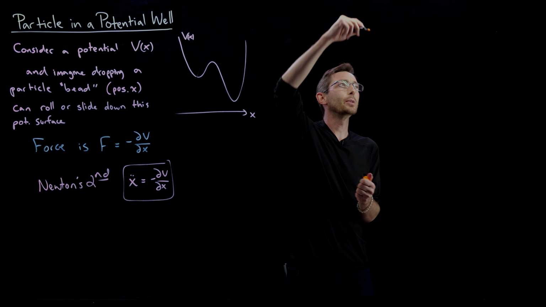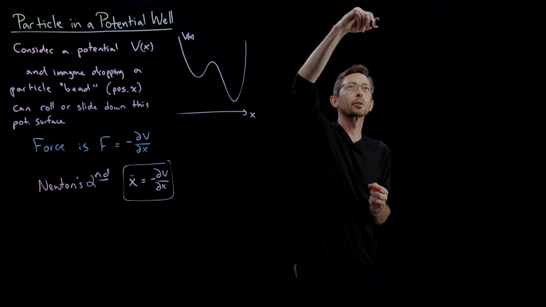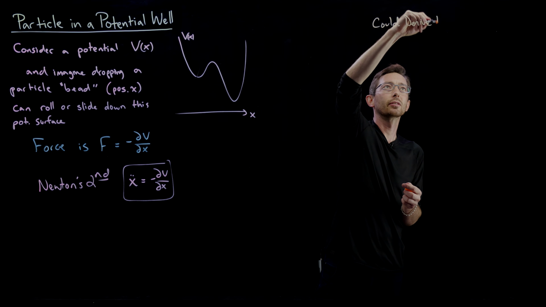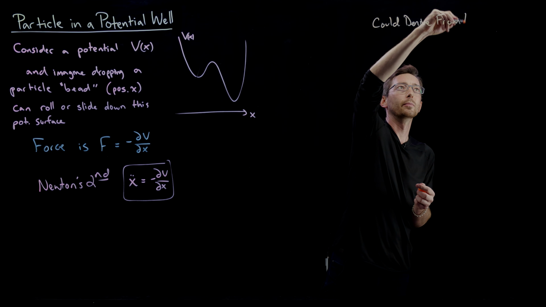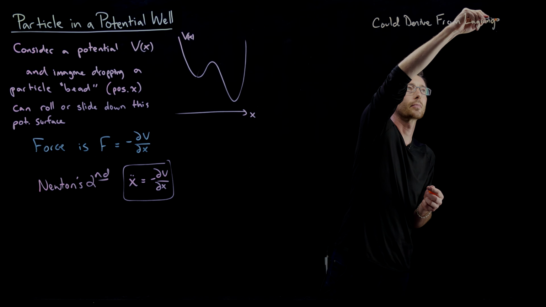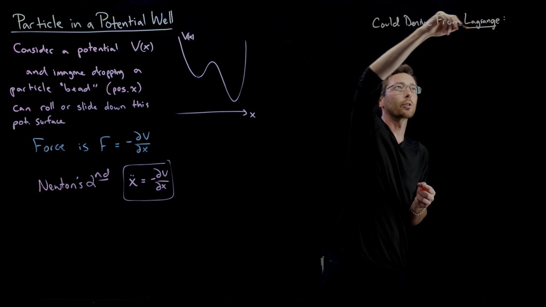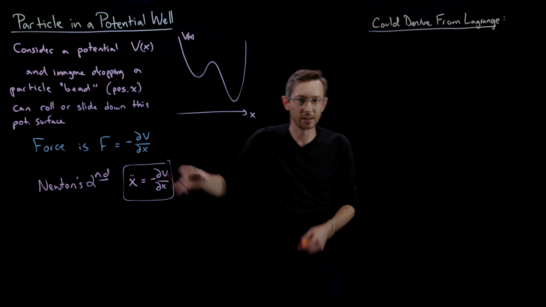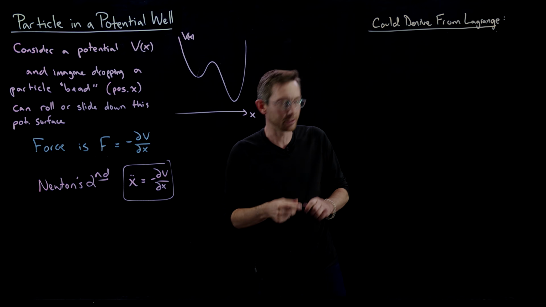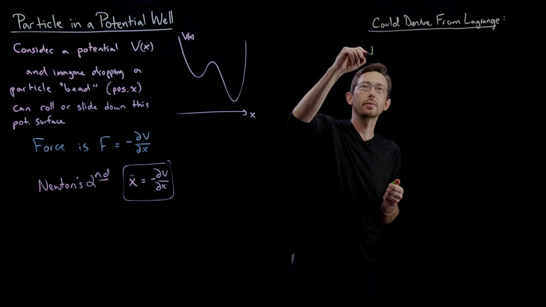So alternatively, we could derive this from the Lagrangian, which I think is a little bit more general than using Newton's second law. And so what we would do is define a kinetic energy and a potential energy.